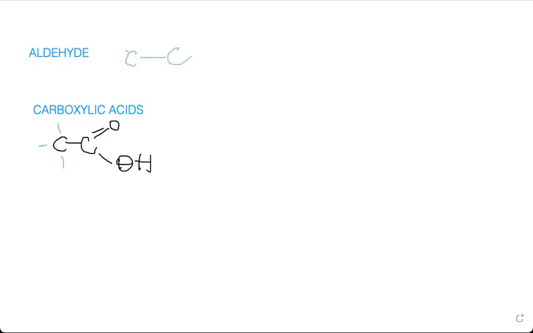There are two carbons, joined with a single bond. Now, what is aldehyde? In carboxylic acid, there is a double bond with the oxygen. In aldehyde, there is also a double bond with the oxygen. What is the difference then? Here we have OH, and here we have hydrogen only.